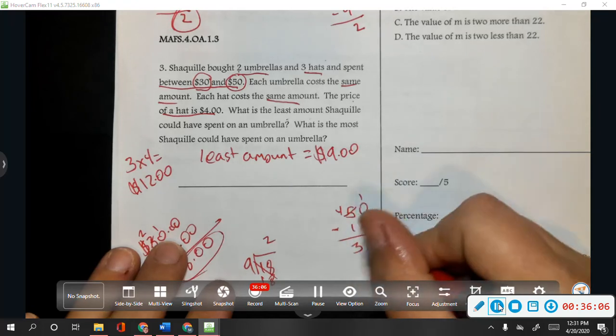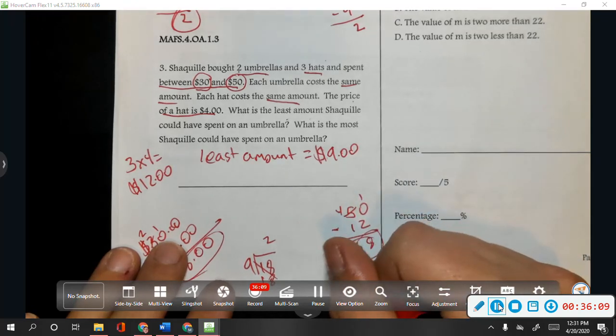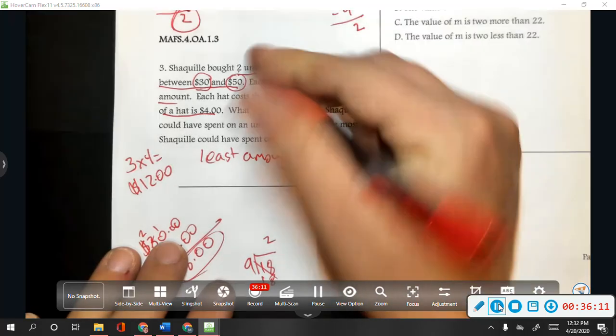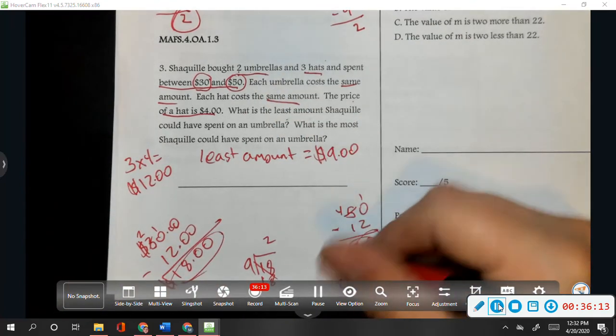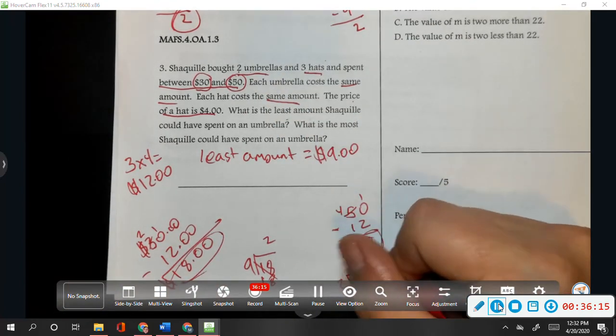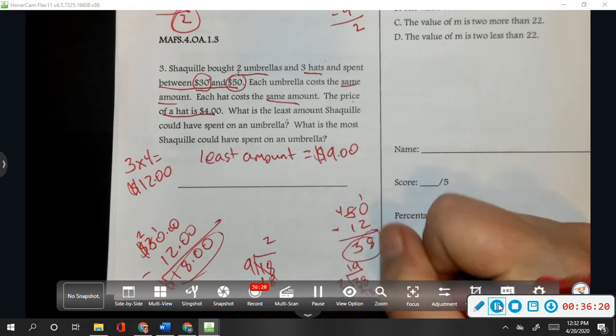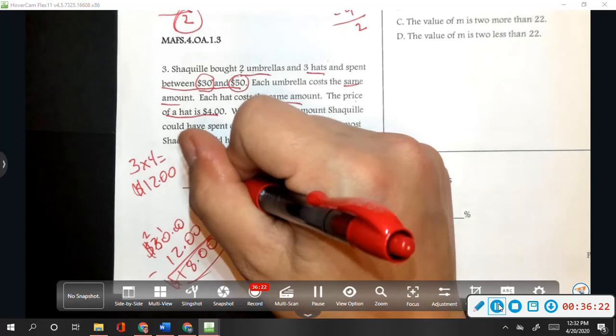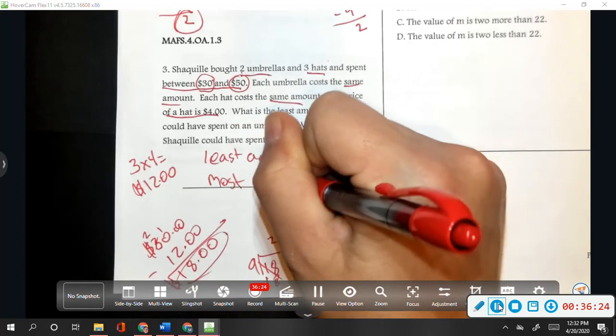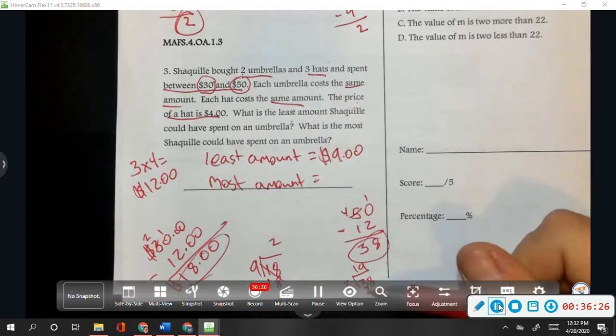That would be 38, and if we divide 38 by 2, 2 goes into 3 once, 2 goes into 18 9 times. So the most amount would be $19.